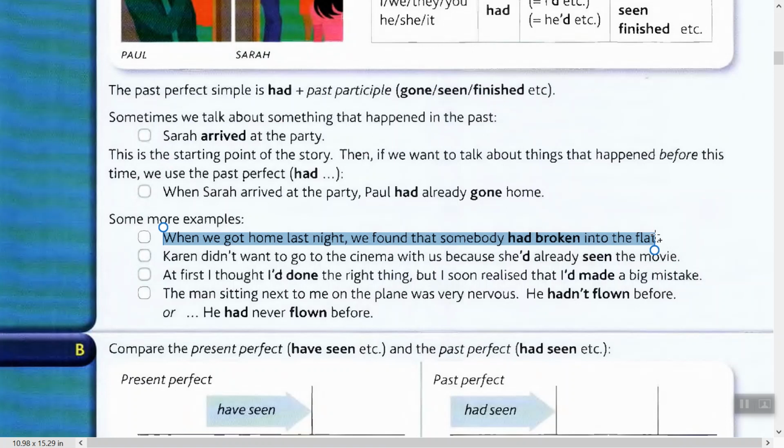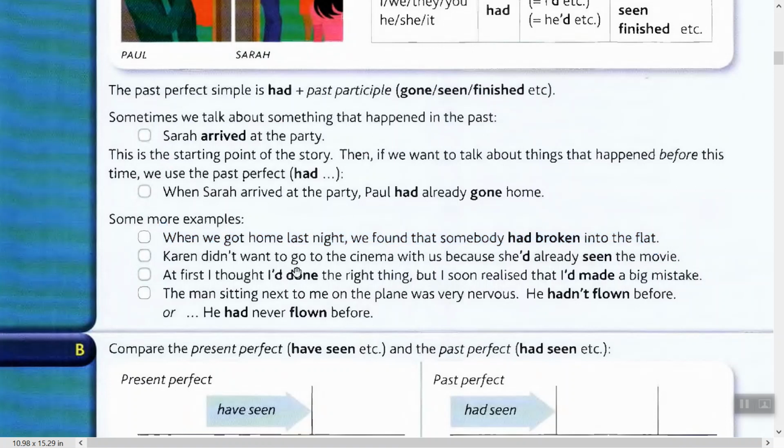There is an event, this is the first. There is a second event that preceded me. Certainly, when I arrived someone was there before me. When I arrived, somebody had broken into the flat. Somebody had stolen my house. You see here?